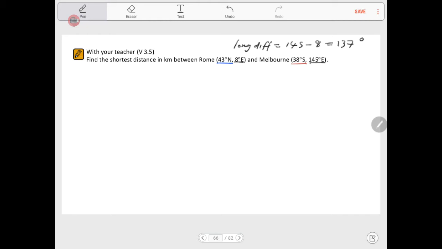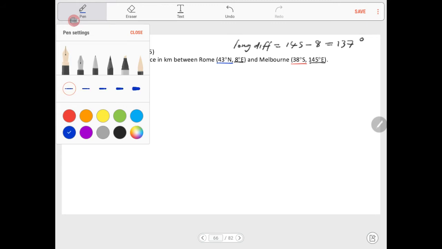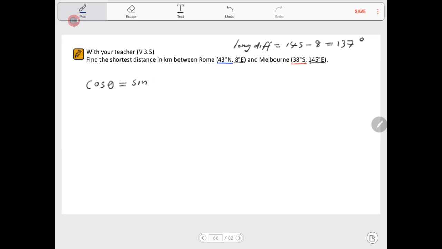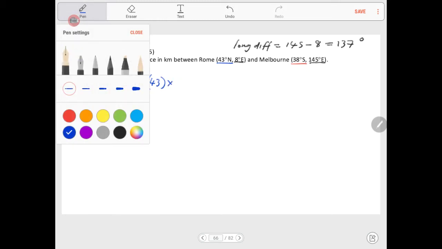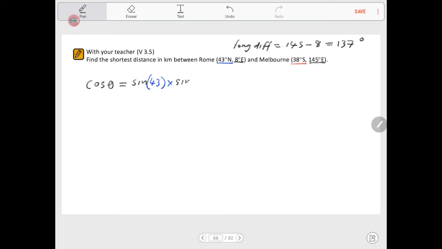So we're going to use that big looking formula where we have cosine of theta equals the sine of the latitude of the first place. It doesn't really matter what order you do it in, but I'll put Rome first. So sine 43 times sine, and then we put Melbourne's latitude.